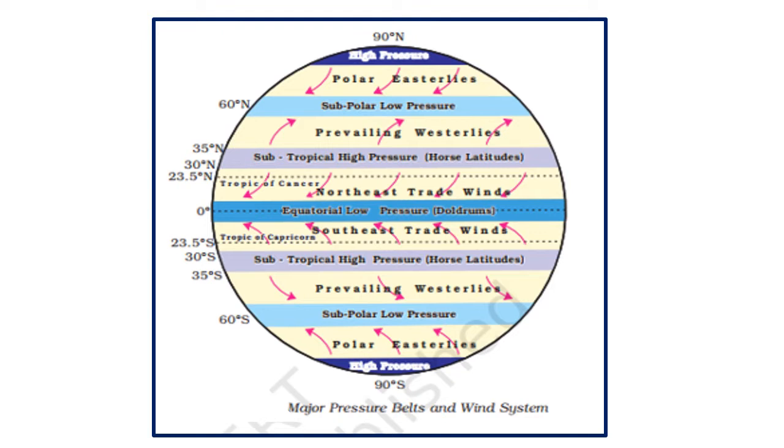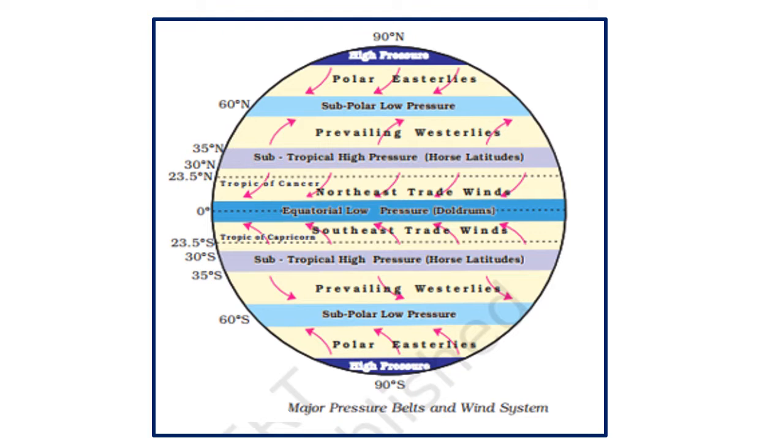As you have read, temperature decreases with increase in height. So air sinks, air moves downward near 30 degree latitude in both hemispheres and creates high pressure, and the area is known as the subtropical high pressure belt. In the northern hemisphere it is called the northern subtropical high pressure belt, and in the southern hemisphere it is called the southern subtropical high pressure belt or horse latitude.